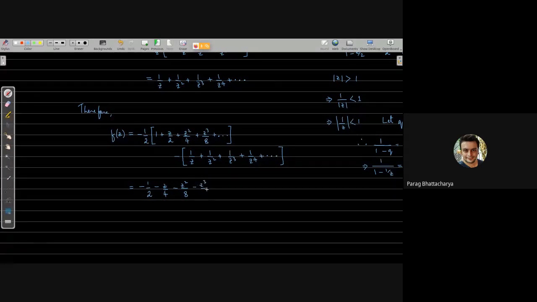And then from here we have minus 1 by z, minus 1 by z squared, minus 1 by z cube, minus 1 by z to the power 4, and of course minus, and so on.